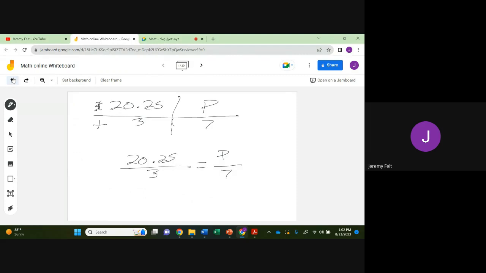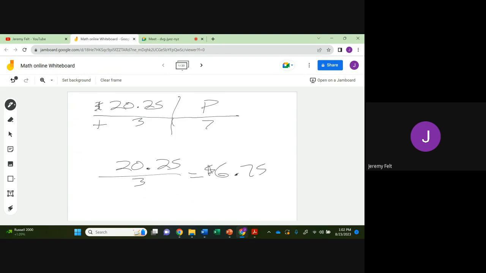Okay, let's clear this out of there. So price per 1 ticket, well, we know the cost for 3 tickets. We now know the cost for 7 tickets. So let's do $20.25 divided by 3 equals $6.75.